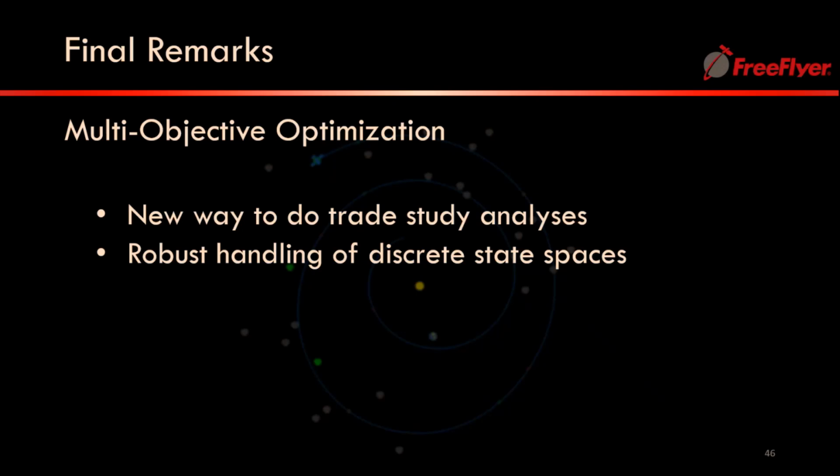And specifically in terms of discrete state spaces, or when you have a problem that doesn't use continuous variables, such as the asteroid tour problem and the scheduling problem that we looked at, this is a robust way of handling those problems that previously you didn't have access to in FreeFlyer. So those are the big highlights for this feature. And that's all I have. I'll hand things back to Danny and Regis.